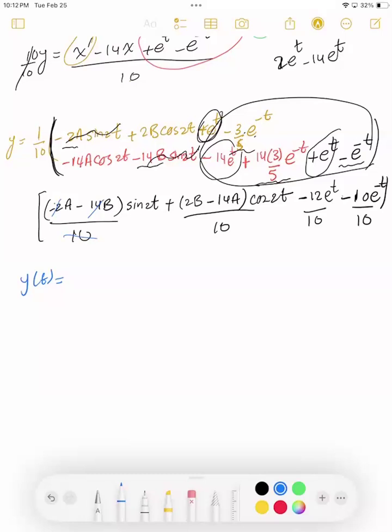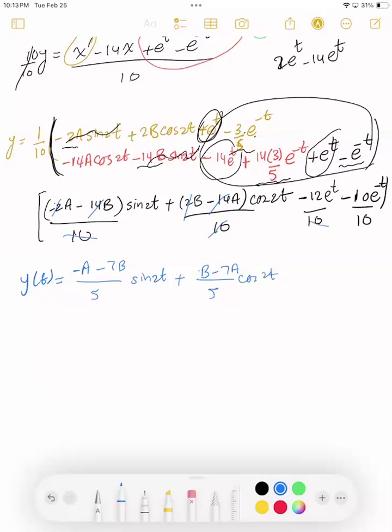I get negative a negative 7b over 5 sine of 2t. This 2, 10, and this 14 are reduced. I get b minus 7a over 5 cosine of 2t.